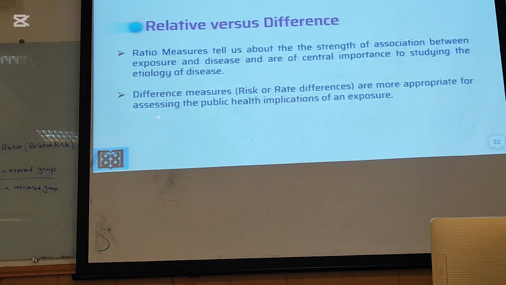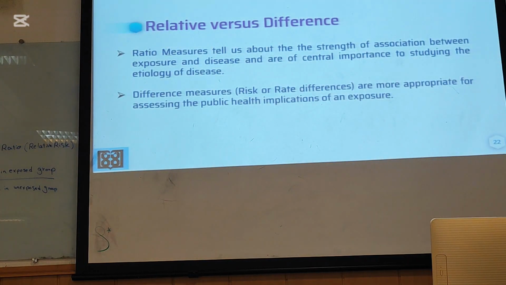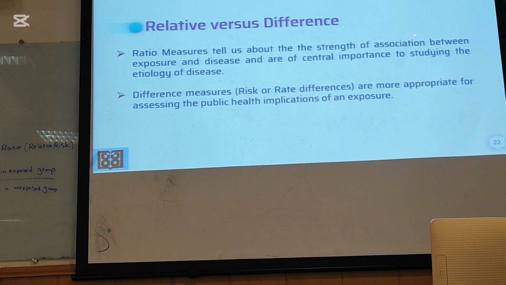Difference measures are more appropriate for assessing the public health implication of an exposure. Risk difference has many uses in public health policy or intervention. But ratio measures are more common, and they tell us a lot about the strength of association. In Persian, قدرت رابطه. Yes?